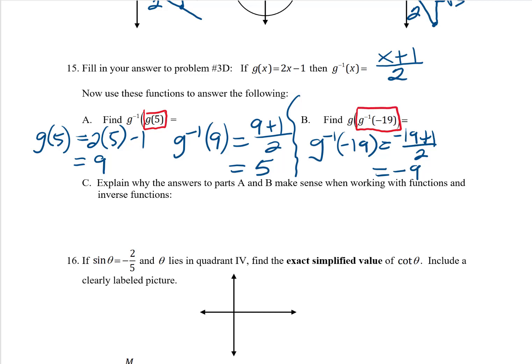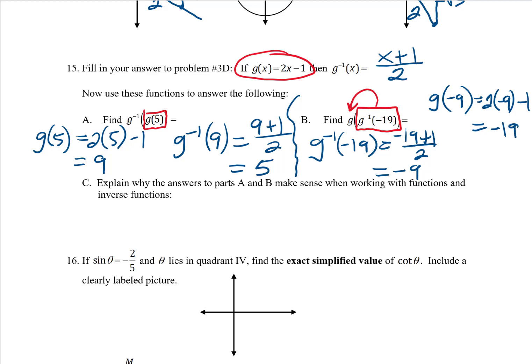I want to take that red box answer and now stick it into the g function. In other words, I want to go to the g function and I want to evaluate it at negative 9, my previous answer. Well, that's just going to be take 2 times the negative 9 and subtract 1. 2 times negative 9, negative 18, minus 1 is negative 19.